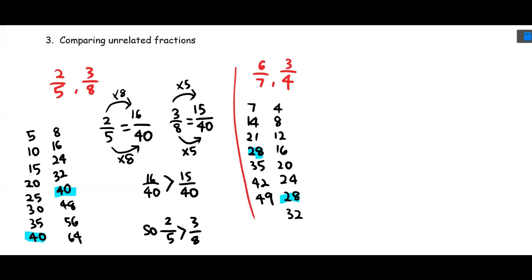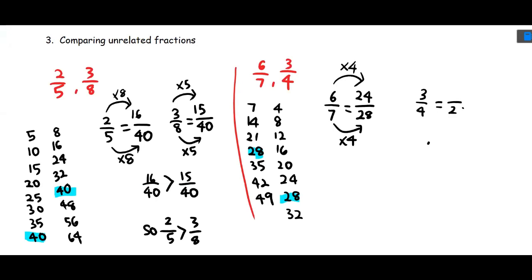Okay, so now I'll need to convert both fractions such that they are of denominator 28. So 6/7. If I want to convert it to denominator 28, I know I need to take 7 times 4. So my numerator, I also need to multiply by 4. I get 24. 3/4.